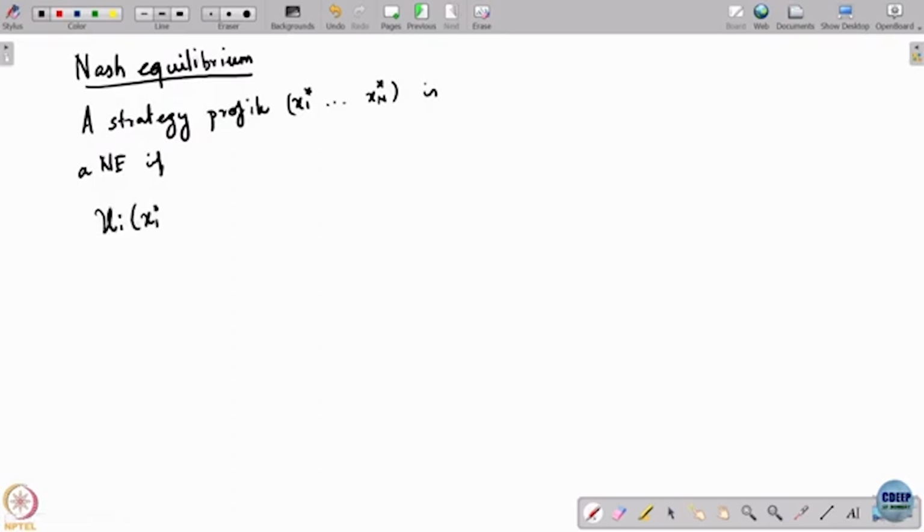If ui of x1 star to xn star, so as I said, I have assumed that each player is trying to minimize, so ui of x1 star to xn star is less than or equal to ui of, so I will introduce a notation here, less than or equal to this. I will explain what this means. For all xi in Xi and for all i in N.